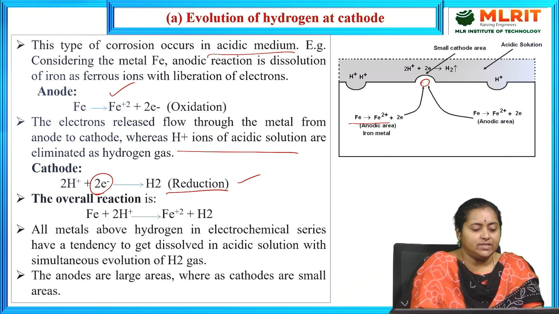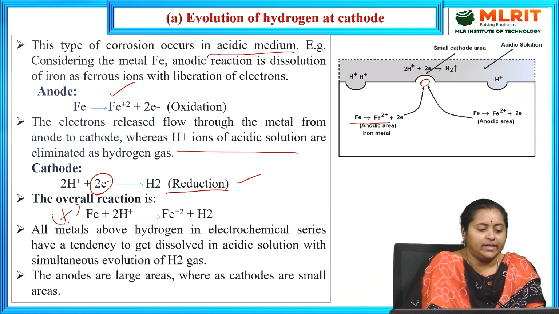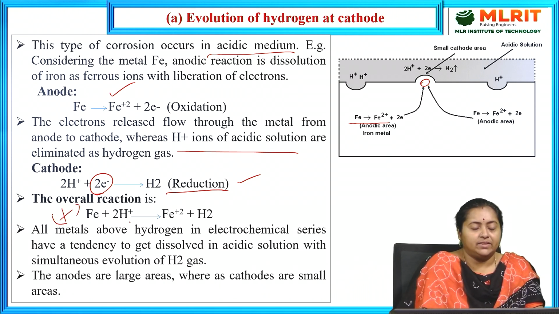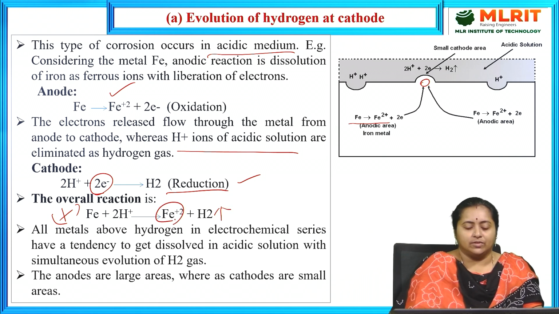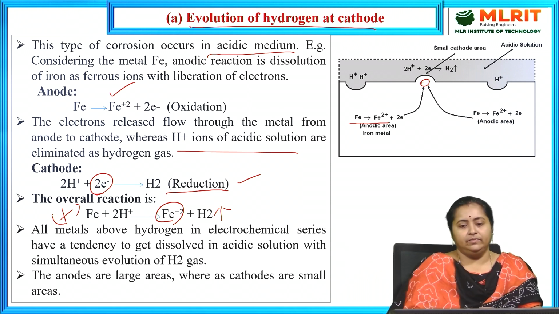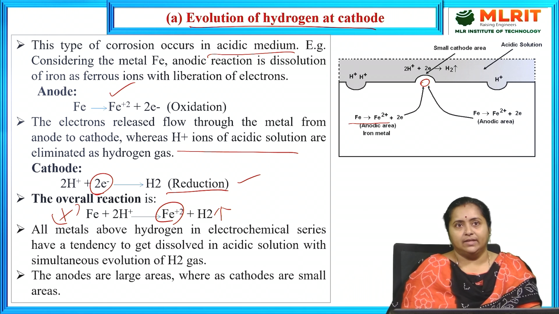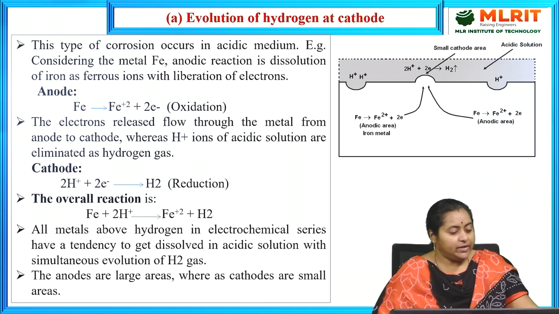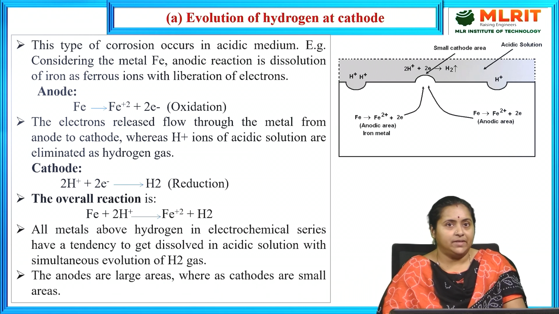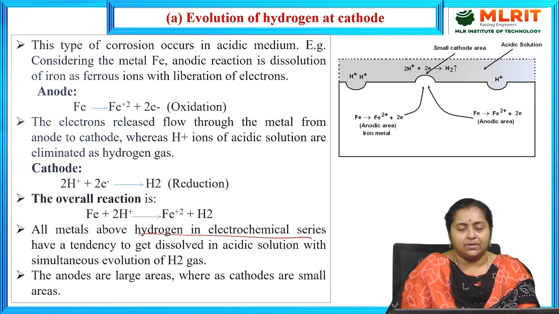If you notice the net cell reaction, iron combines with 2H+ ions, thereby releasing hydrogen gas along with ferrous ions into the solution. So if the medium is an acidic environment, the cathode reaction proceeds via evolution of hydrogen gas. Examples for this type of cathode reaction include metals placed above hydrogen in the electrochemical series.